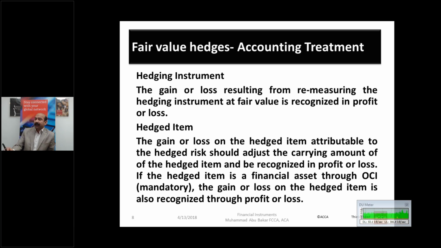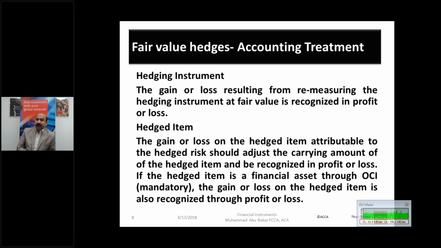Under fair value hedge, the gain or loss, okay, let me explain the other terms as well, like hedging instrument and hedged item. Hedged item is that item which is being hedged.